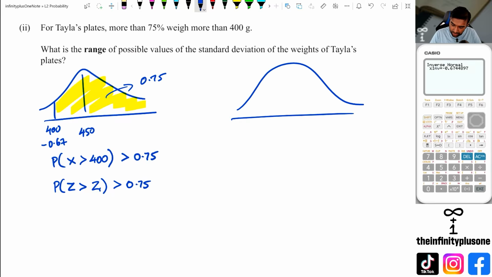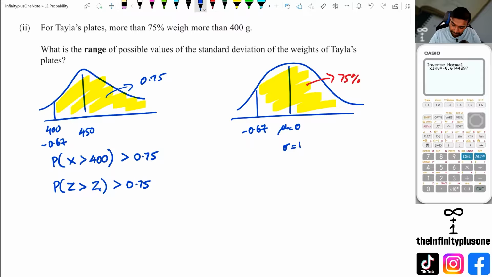So this is when it's a normal distribution, right? Because if the mean is 0 and the standard deviation is equal to 1, and we've got this value which equals negative 0.67, now we know that in this case, the yellow part is actually 75%. But we said it could be more than 75%.